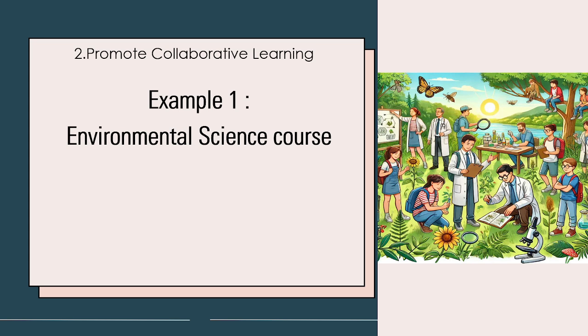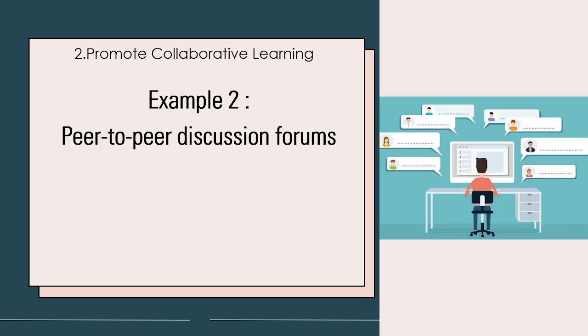For example, in an online environmental science course, students can form virtual teams to research and propose solutions for climate change. Using shared digital tools like Google Docs, Microsoft Teams, or Padlet, they can collaboratively write reports, create presentations, and discuss ideas asynchronously. Another method is peer-to-peer discussion forums where students engage in structured debates or problem-solving exercises.